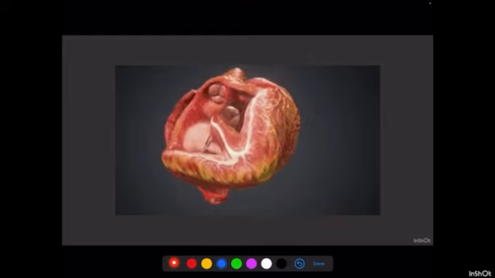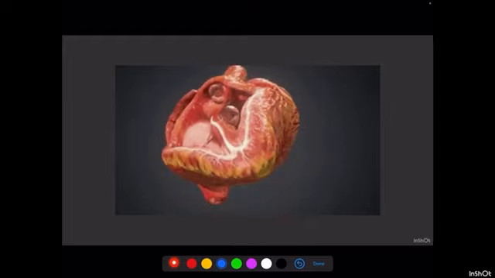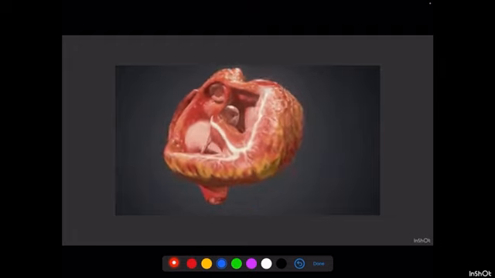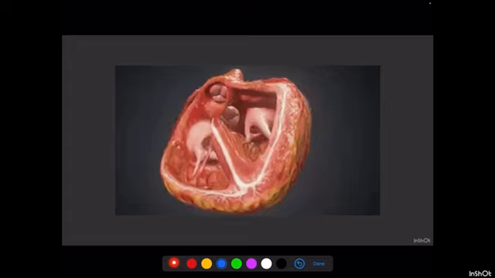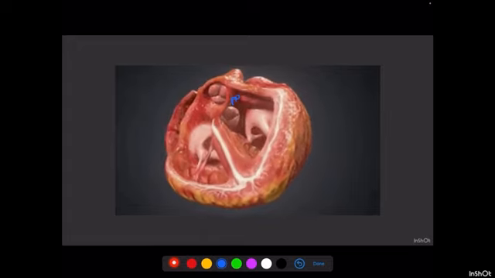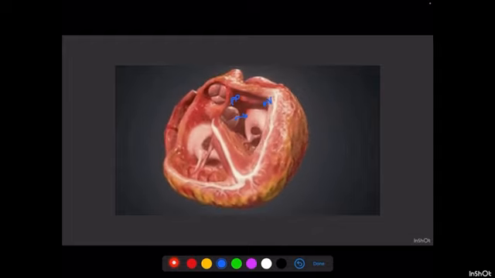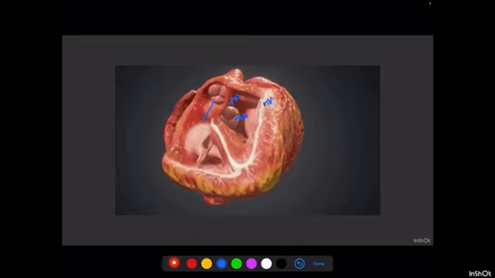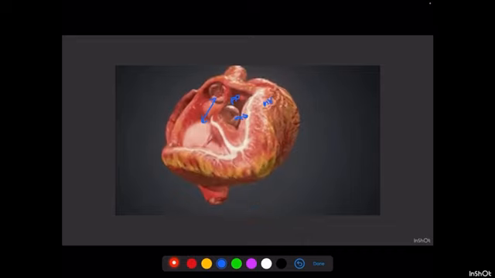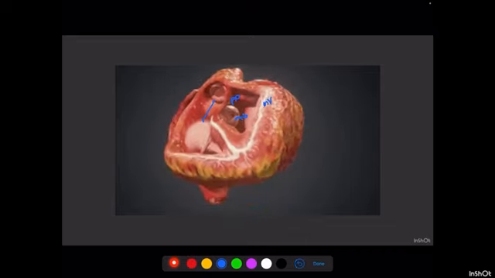This is a very important aspect when you see the orientation of the valves from the ventricular side. You can observe that this is the aorta, this is the mitral valve. You can see the distance. Distance is very small, whereas here the distance is very big.